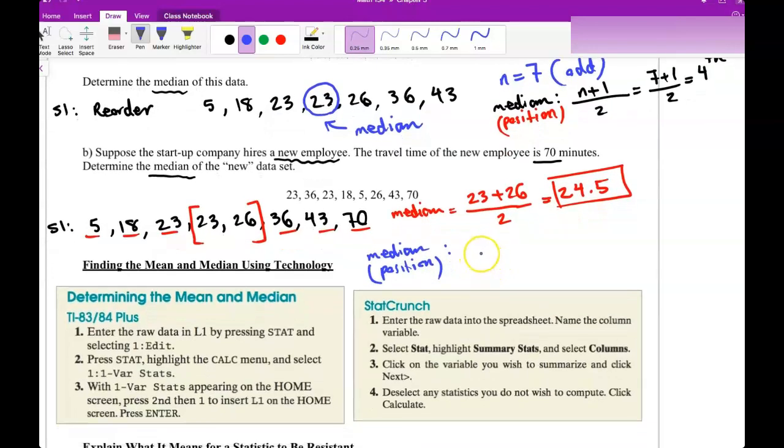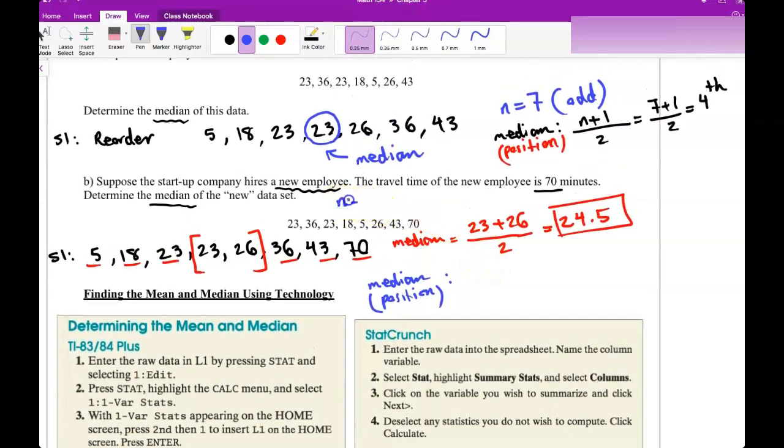Since we have even, here n is 8, and that is even, so it lies in n divided by 2 and n divided by 2 plus 1. n is 8. This is 4th place, and here is 5th place. So it's between these two.